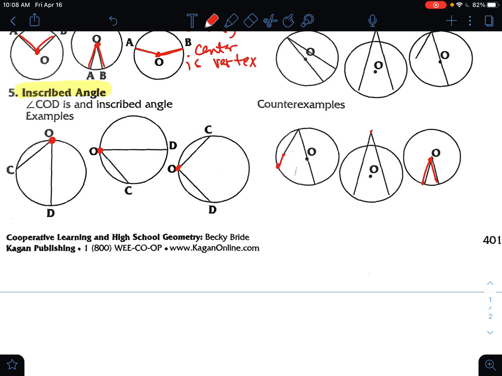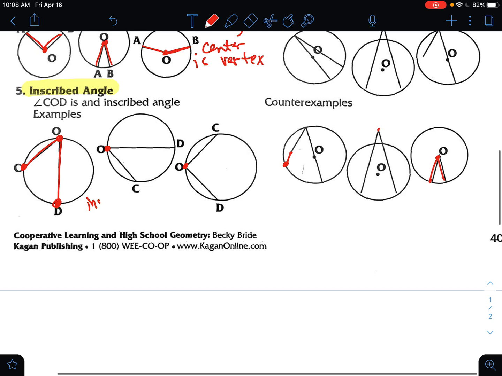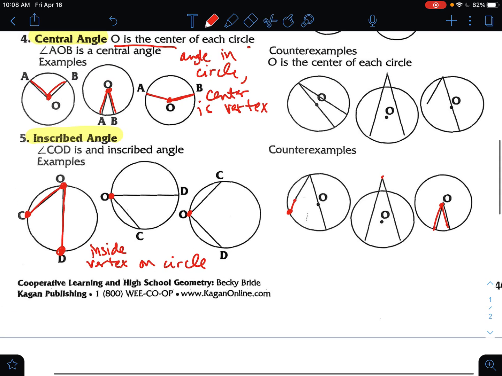And on this one, the endpoint is not touching the circle. So an inscribed angle is an angle where you of course need to have the endpoints of the angle on the circle, but the vertex is somewhere else on the circle. So I'm going to say here inside, and here vertex on circle. And maybe that's all I'll say right there.